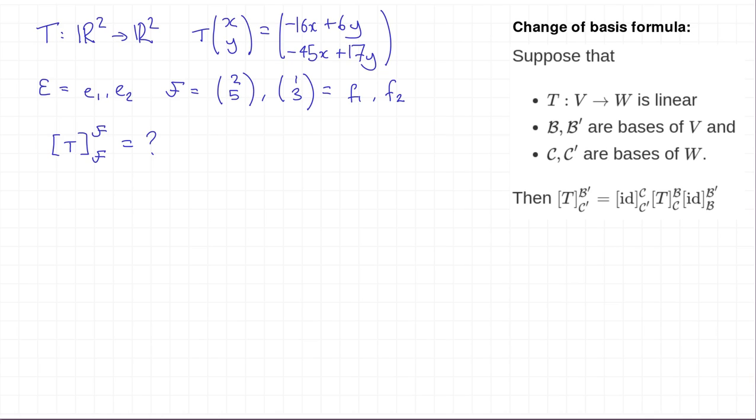We have T going from R squared to R squared, and we will have two bases of the domain, E and F, and two bases of the codomain, again, E and F.